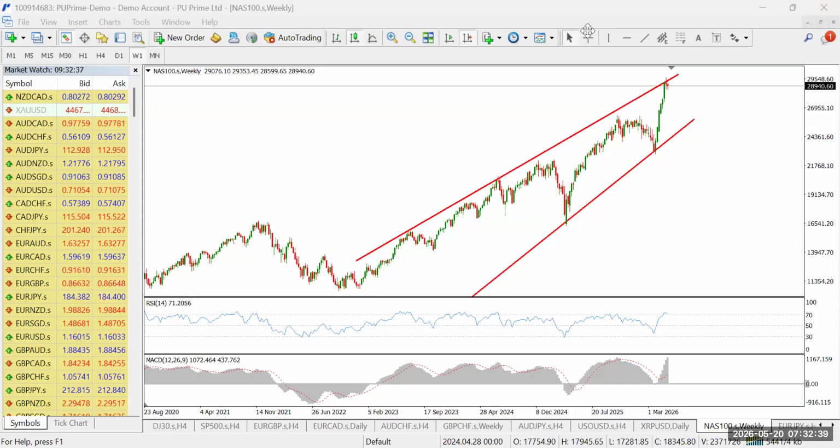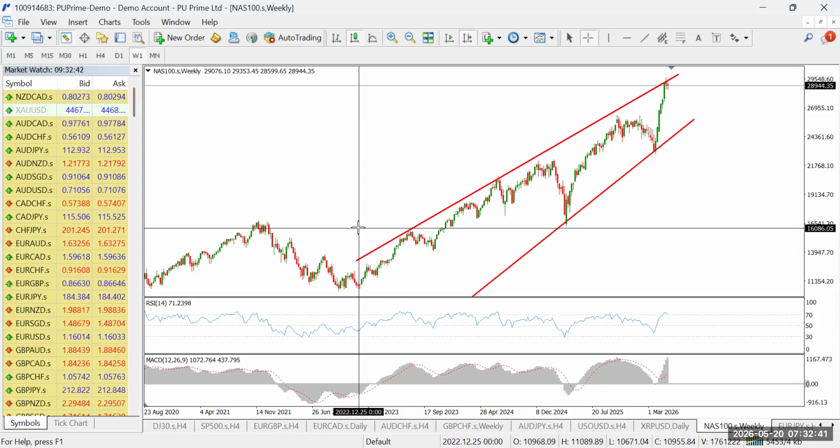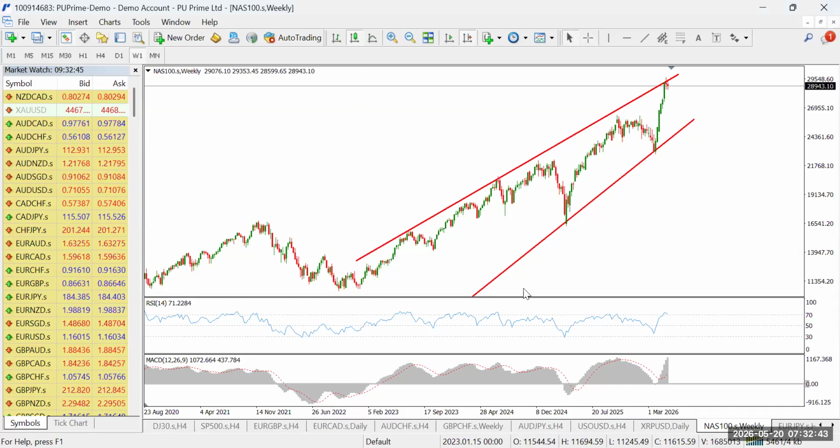The trend started way back around December 2022. It's been in a massive uptrend. But then it looks like it's going to take some breathing in recent time, because you can see price touching the trend line, higher, another higher over there. That's the recent one.